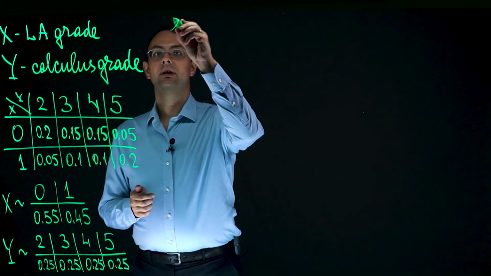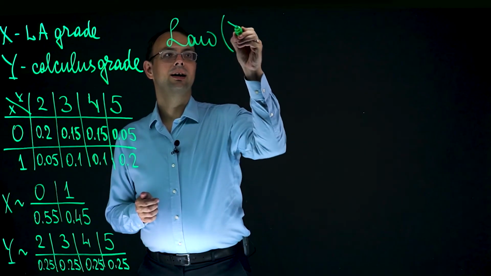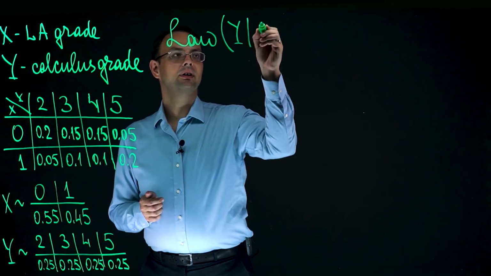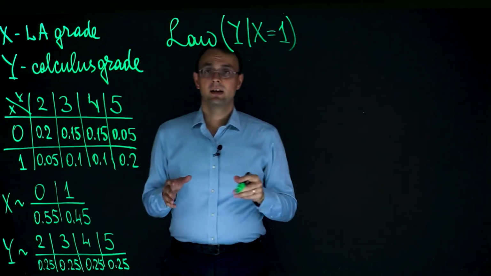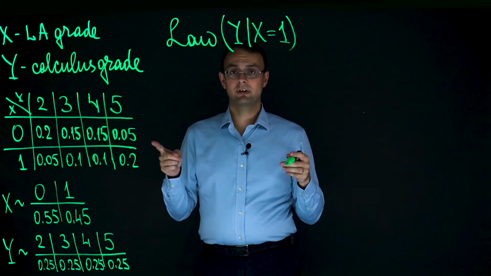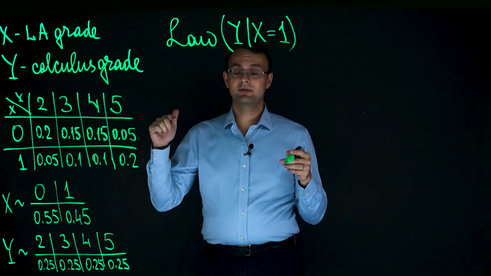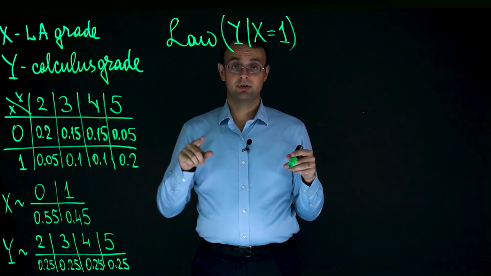So, the conditional distribution law of y given x is 1. That means a distribution of the calculus grade of a random student that passed the linear algebra test.